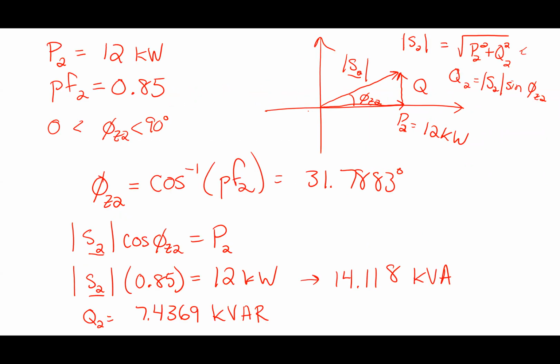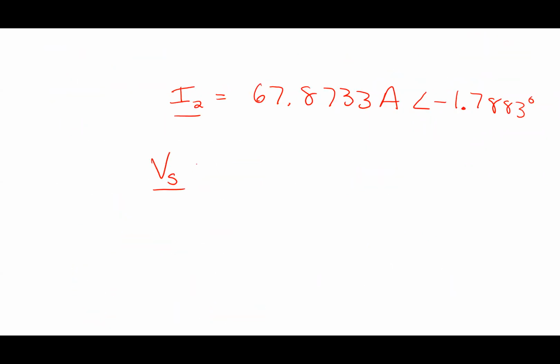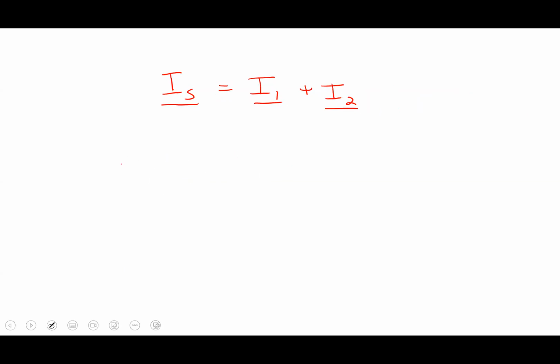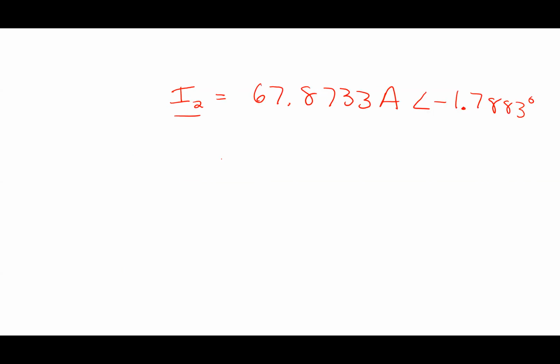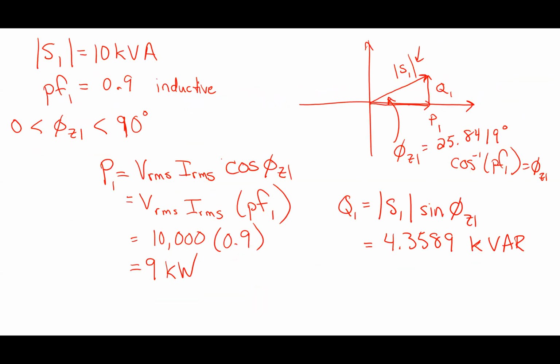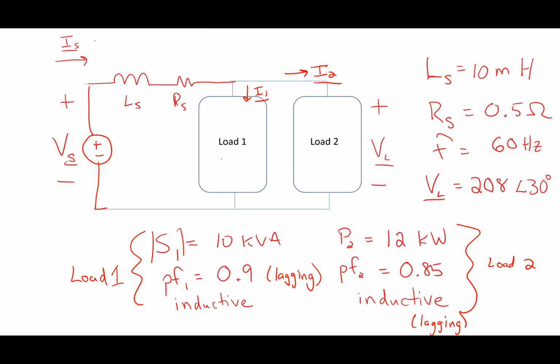So basically I have that VS is equal to VL, the voltage across the load, plus the voltage across RS and LS. So how do I write the voltage across RS and LS?